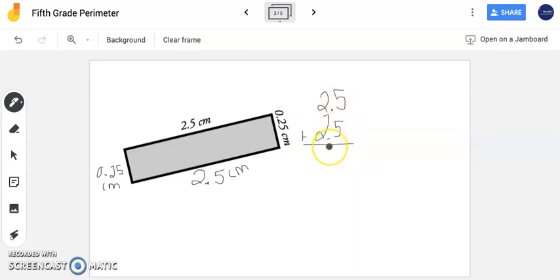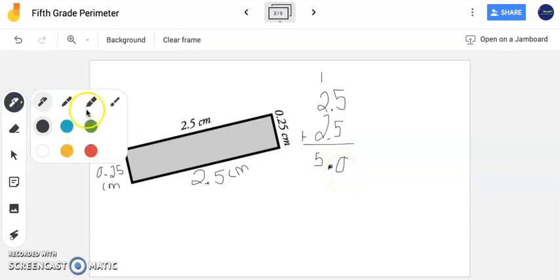My decimal points are on top of each other. And the digits in my ones place are on top of each other. Now I simply add, giving me an answer of 5. Now not 50, it's 5 because this decimal point here, I'm going to simply bring down in my answer. So my decimal point is between the digit in my ones place and the digit in my tenths place.